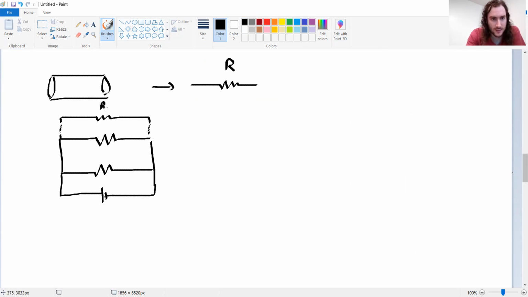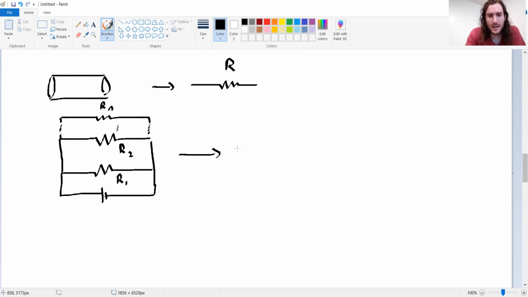So this one has a resistance R sub N, this one R1, this one R2, dot, dot, dot, up to Rn. All of them share the same voltage.